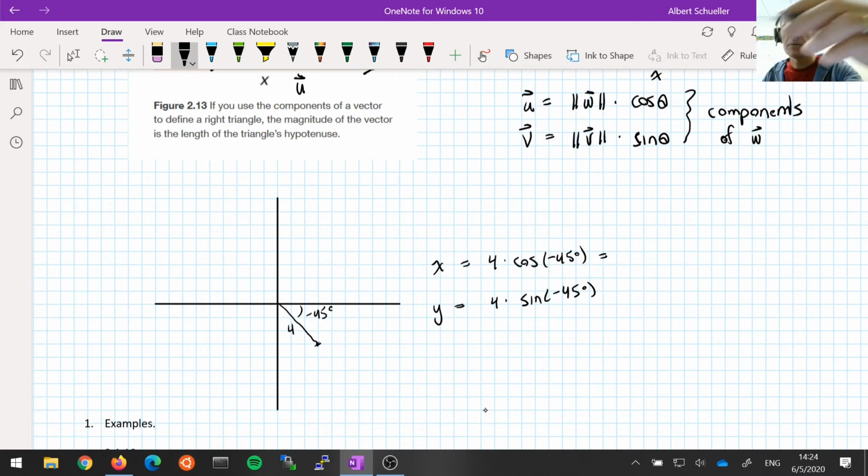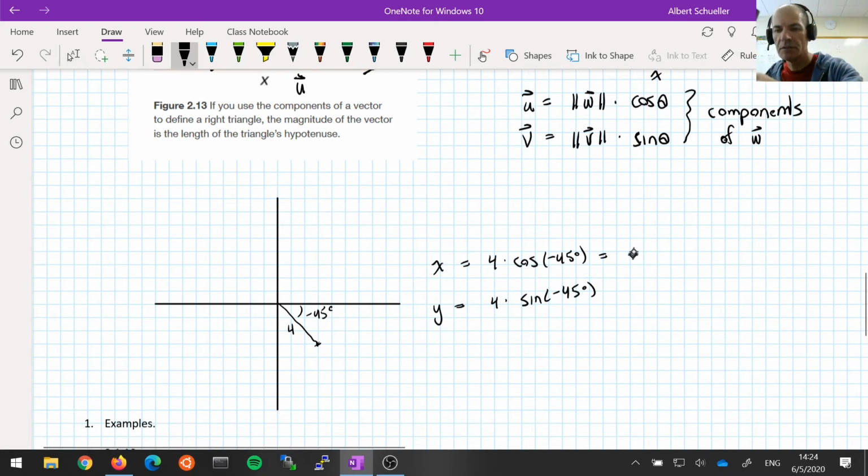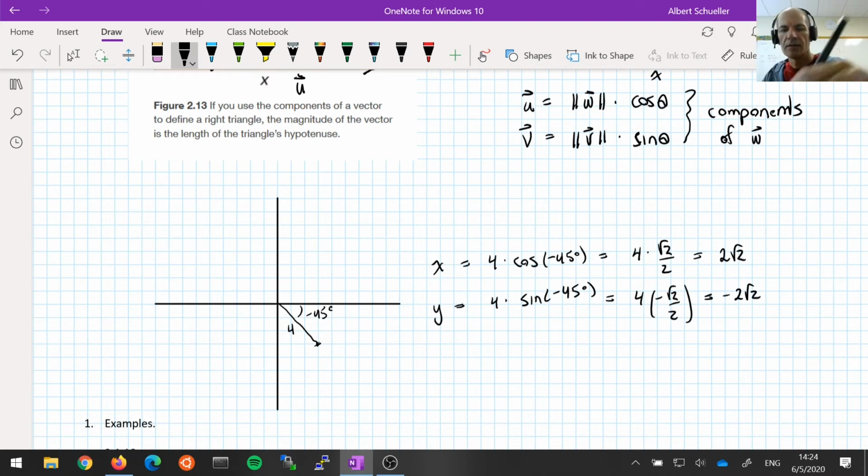We happen to know that the cosine of minus 45 degrees is root 2 over 2, and the sine of minus 45 degrees is minus root 2 over 2. We'll simplify that as much as possible: 2 root 2, minus 2 root 2. And so this vector is angle brackets 2 root 2, minus 2 root 2.